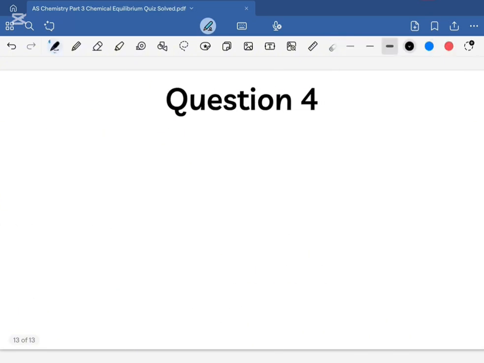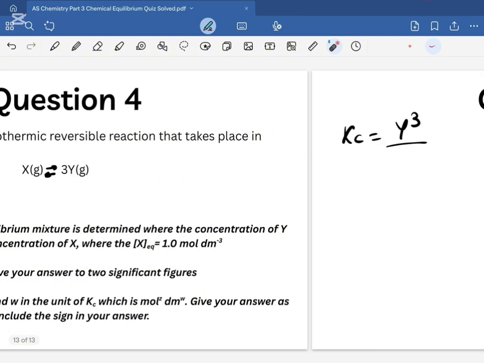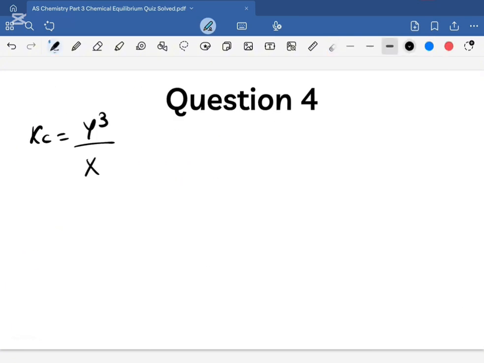So Kc is going to be equal to Y to the power of 3, due to having a coefficient of 3, over the concentration of X. So it's actually Y to the power of 3 over X.